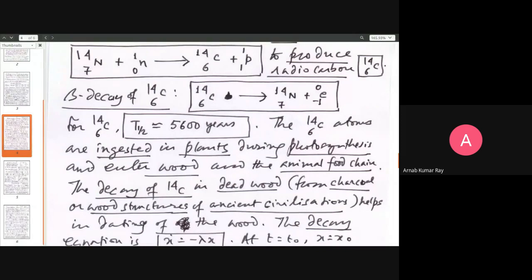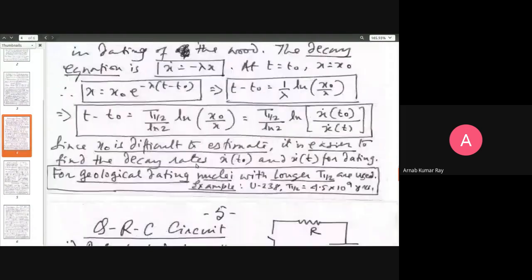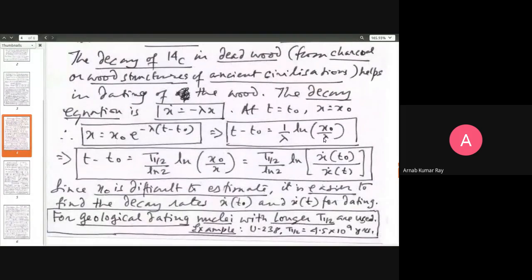Now, there was this one last point on which we ended. That was that this is the equation that you shall use to find the time scale. t naught is the initial time and x naught is the initial amount of dead wood. This is an equation of general applicability.